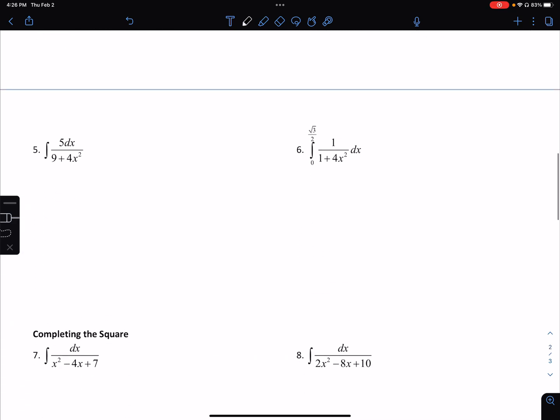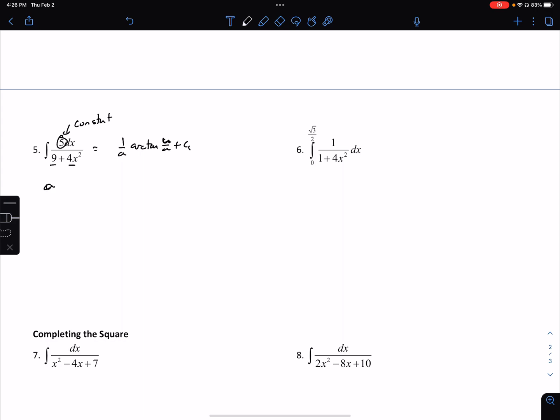So number 5, oh look, number 5, there's a 5 on a 5. There we go. So for this one, this is again my arctangent. So I know my answer is going to be in the form 1 over a arctangent u over a plus c1 there. We just can't forget about this constant right there.